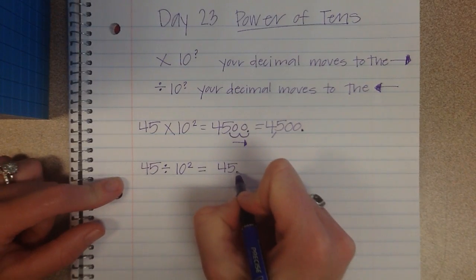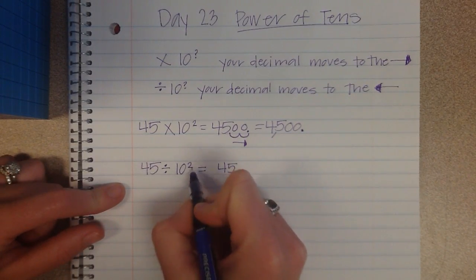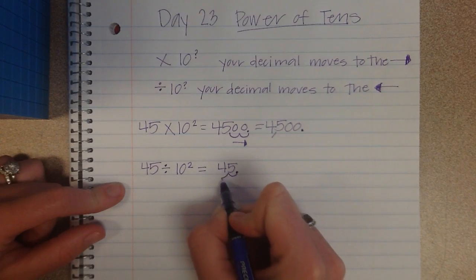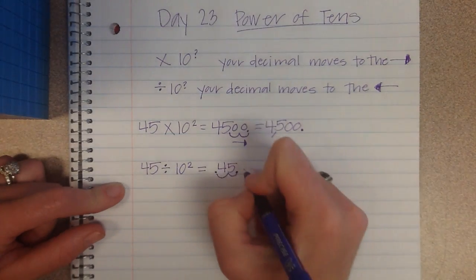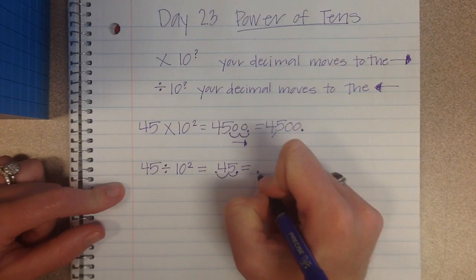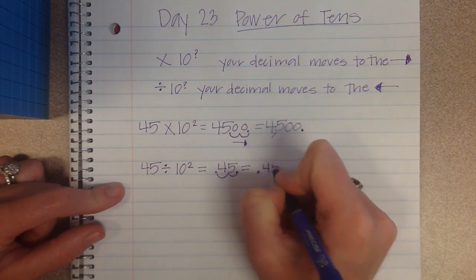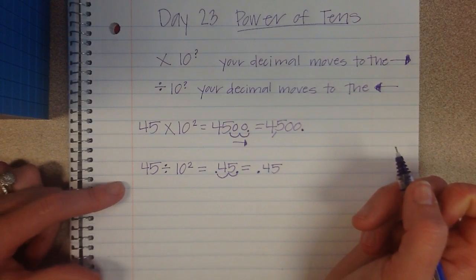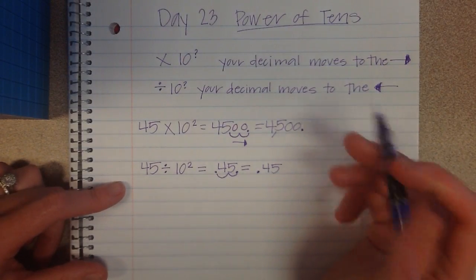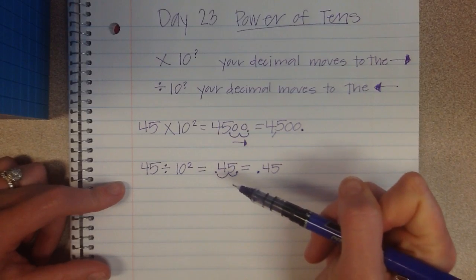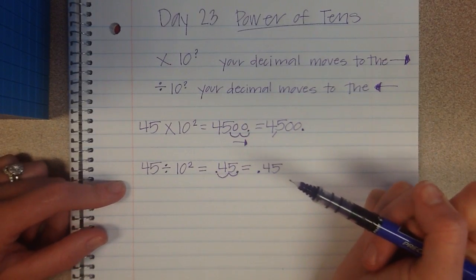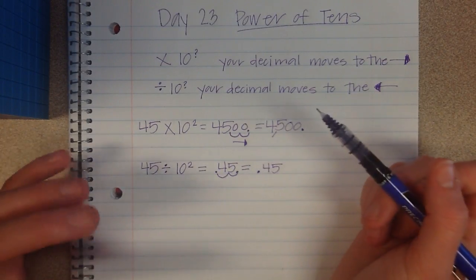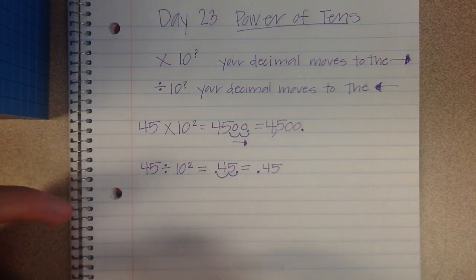So our decimal is here, and it's moving twice. So 1, 2. So that means my final answer is 0.45. Okay? We only have one decimal. So the 2 doesn't necessarily mean how many zeros you're adding, because sometimes you don't even have to add any zeros. It's your decimal moving.